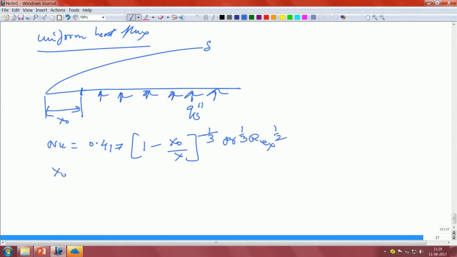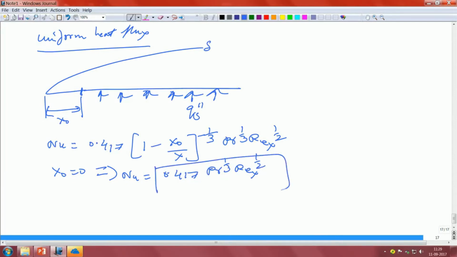When x naught is equal to 0, which is the exercise that I gave you, okay, the Nusselt number is 0.453, Prandtl number to the power of 1/3, Reynolds number x to the power of half, right.